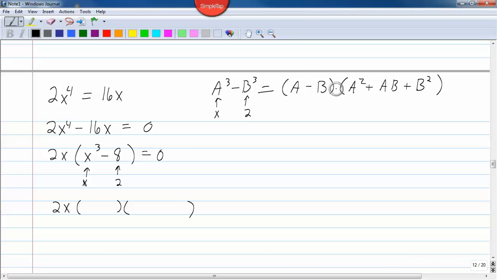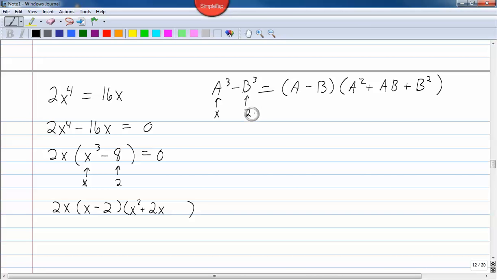So a minus b, that's going to be x minus 2, times a squared, so x squared, plus ab, so a times b, that's x times 2, or positive 2x, and then plus b squared.